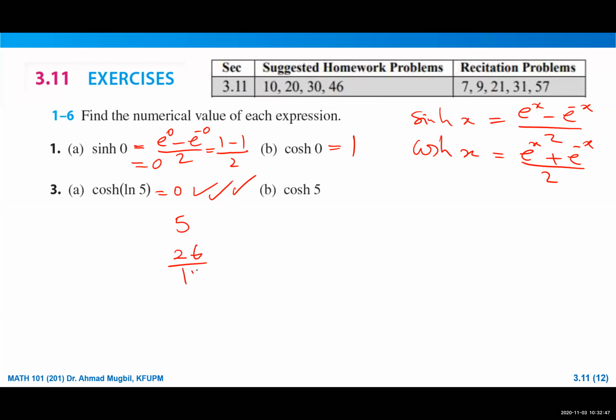Who said 13 over 5? Who said 26 over 10? Nawaf. 13 over 5. Bless your parents, Nawaf.